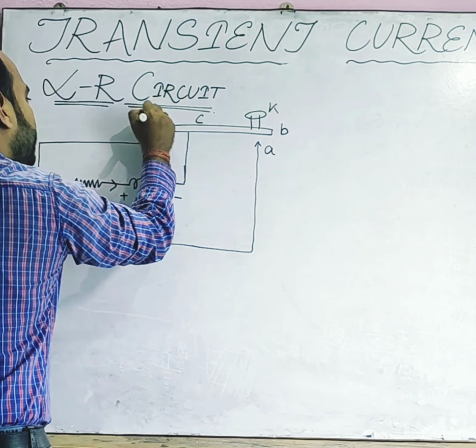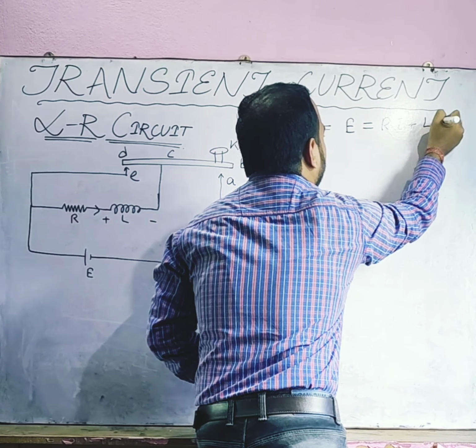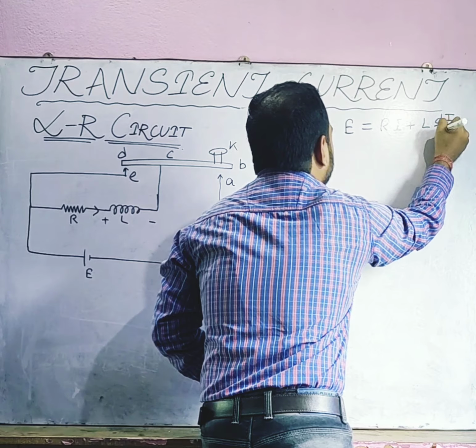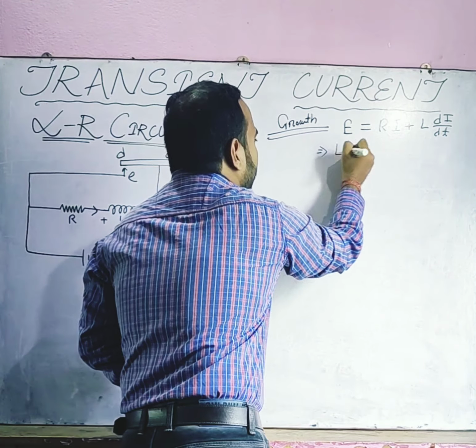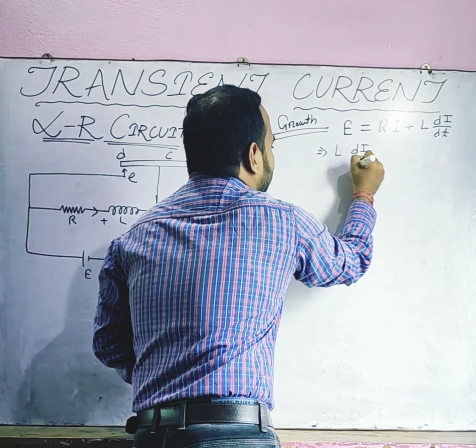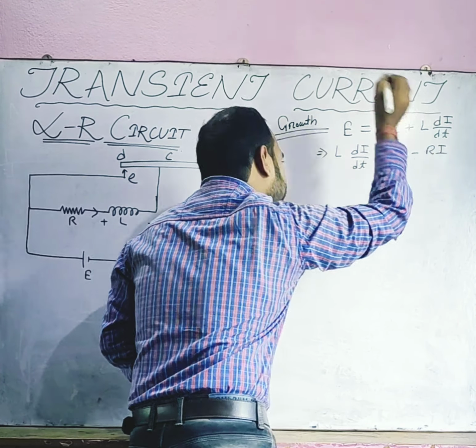In this case, we can write the voltage equation of the circuit as the EMF E provided in the circuit equals Ri plus L di by dt. Now E equals Ri plus L di by dt, which implies L di by dt equals E minus Ri.